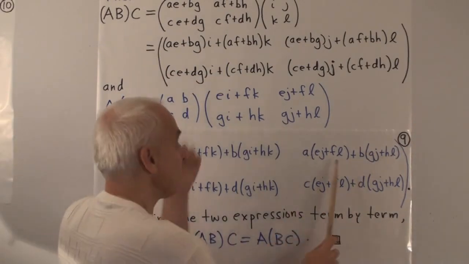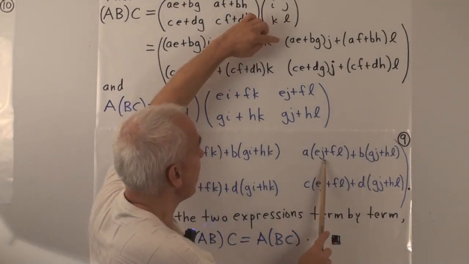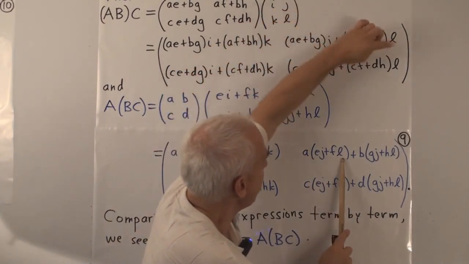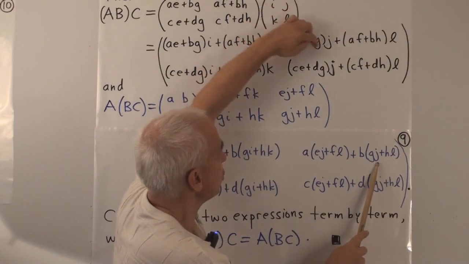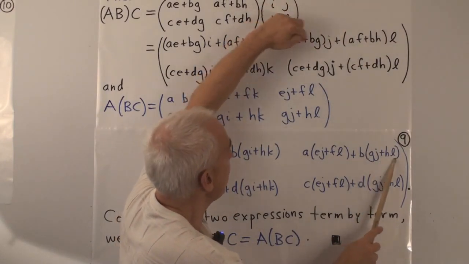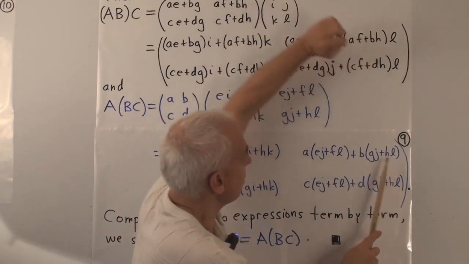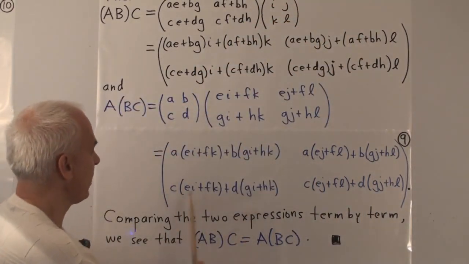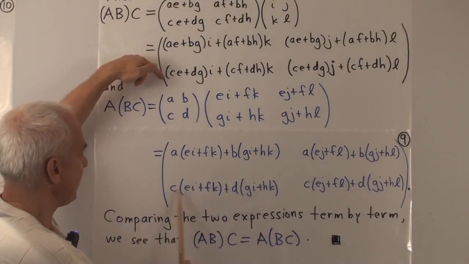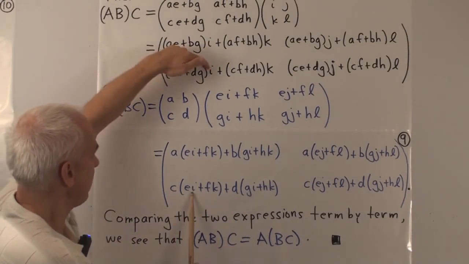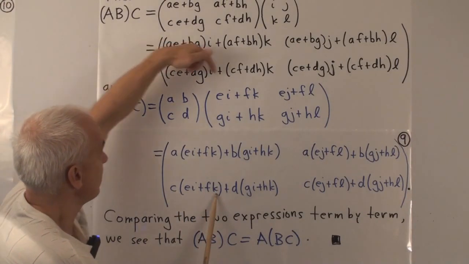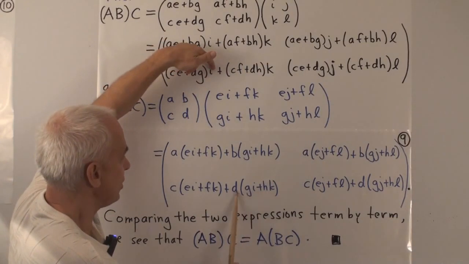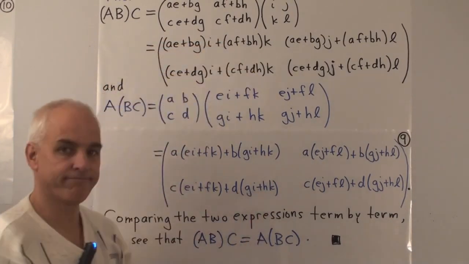Let's go over to these entries here. Here we have AEJ, AEJ, AFL, AFL, BGJ, BGJ, and BHL, BHL. These two entries agree. Now this one compared with this one: CEI, CEI, CFK, CFK, DGI, DGI, and DHK, DHK.